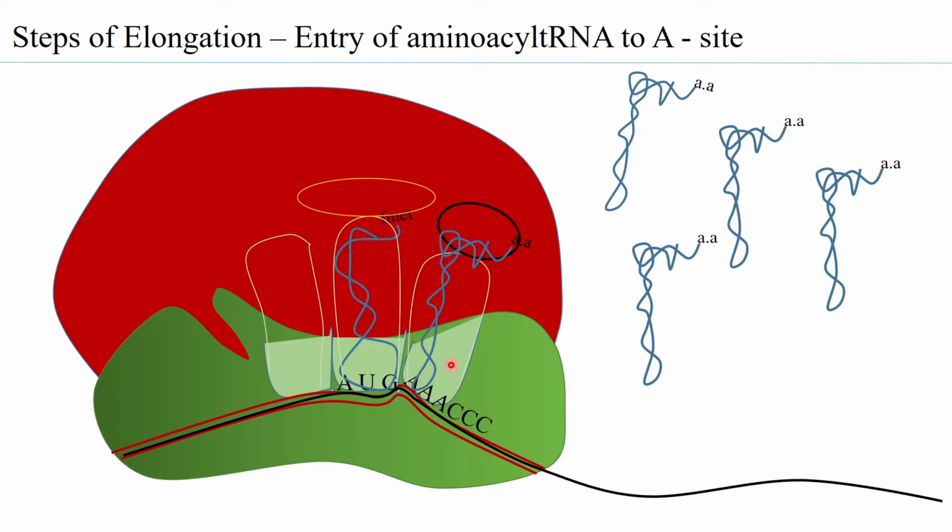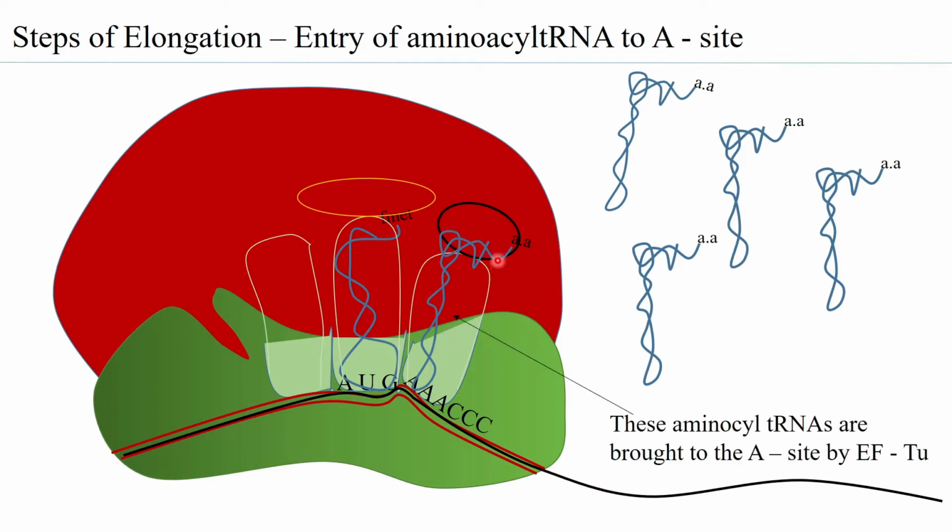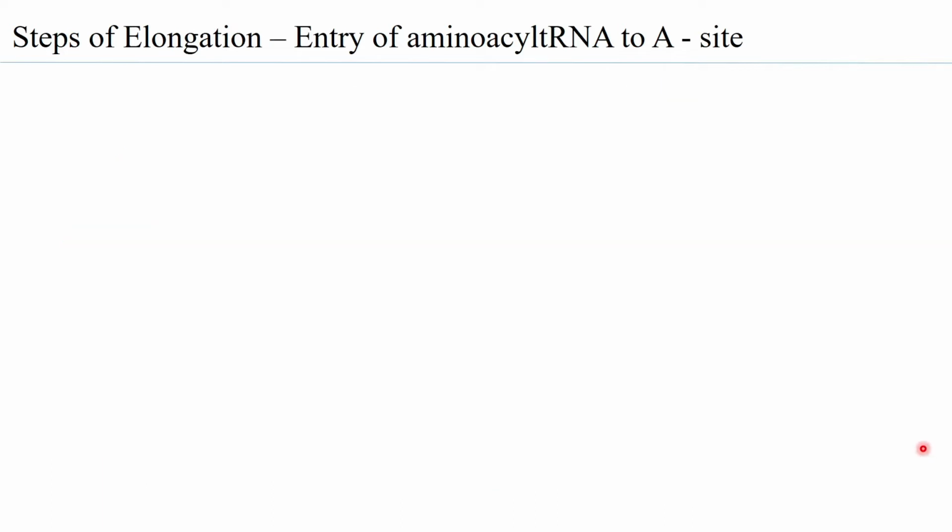Moreover, what has been reported is that the aminoacyl tRNA do not occupy the A site on their own. Rather, it is the elongation factor Tu which escorts the aminoacyl tRNA to the A site. So we are going to look at what EF-Tu is, and how it brings in the aminoacyl tRNA to the A site.